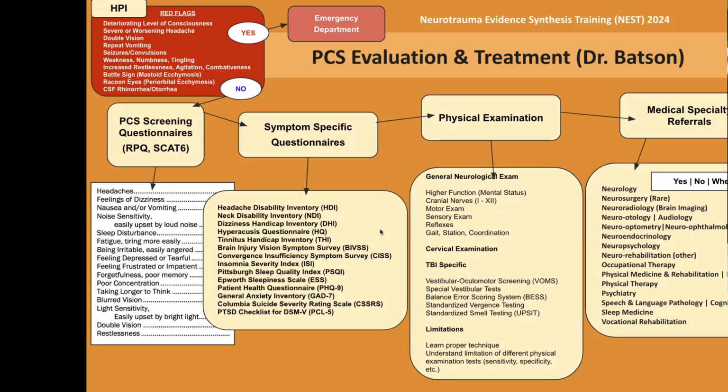We're going to have one of the top neuro-otologists in the country, who's also a skull base surgeon, on October 18th, Dr. Giannoli, and he's going to be talking about everything connected to post-traumatic dizziness and balance impairment from a neuro-otological perspective.